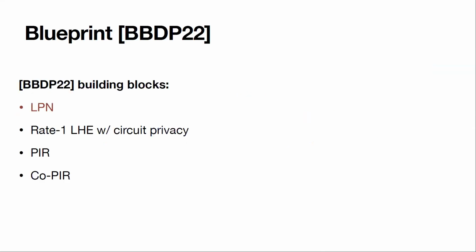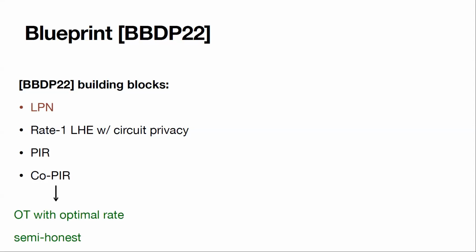All right. So our work builds on top of this previous one, which I'll refer to as BBDP. And in BBDP, they start with the following units. The LPN assumption, a rate 1 linear homomorphic encryption scheme, private information retrieval with sender security, and this new primitive called co-private information retrieval, co-PIR, which I'll explain later what it is.